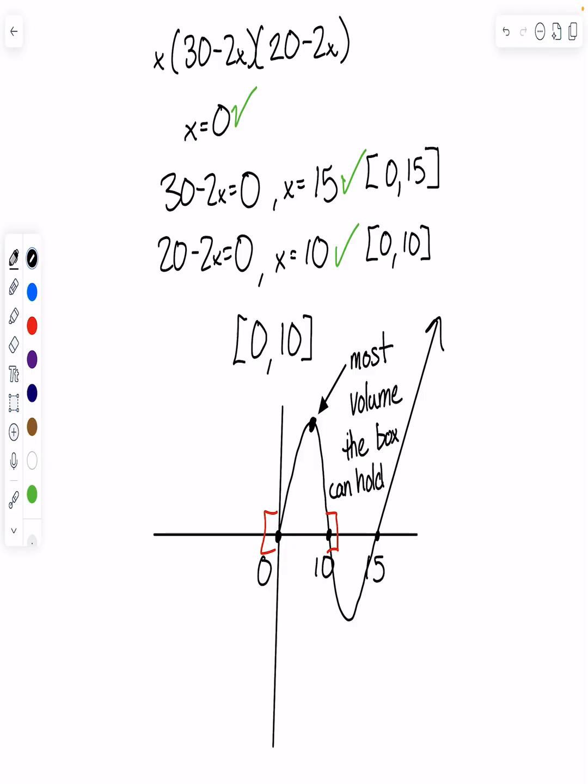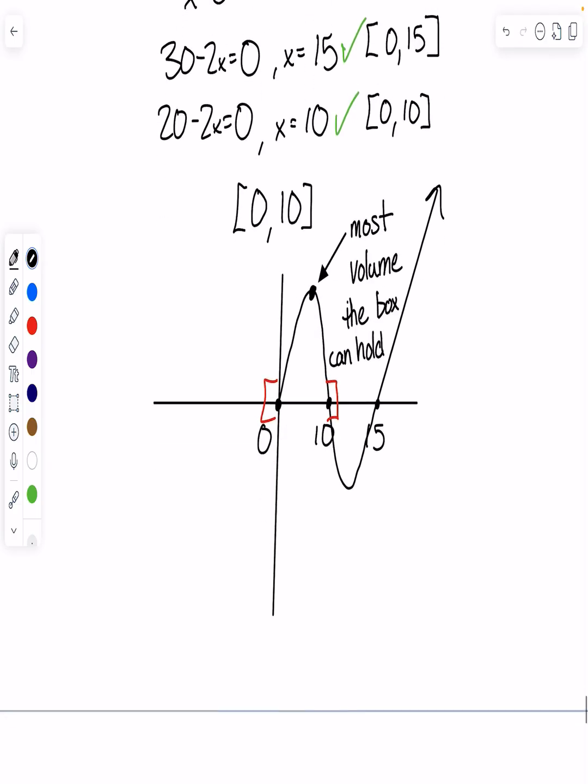And once you plug it in, you should come out to 3 point something, and the corresponding volume is somewhere up here at the value of 1,000, maybe a little over 1,060, or maybe close to 1,055, I'm not sure, but it's somewhere between that. All right, and of course this is in centimeters cubed.